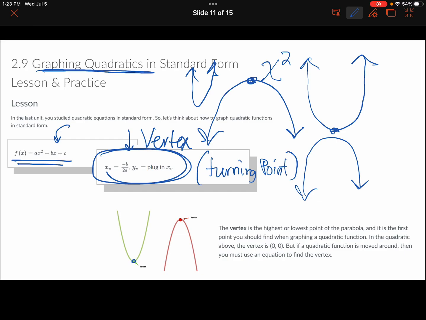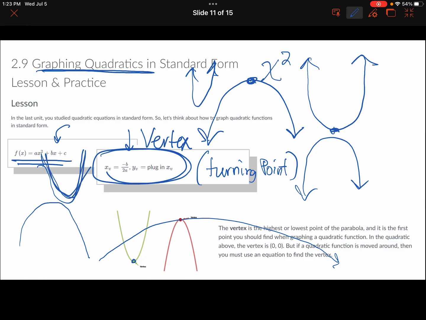And so there's lots of variations, lots of applications. You're going to have some real world problems. I know you're going to hate them, but you talk about shooting a basketball, you know, from here it goes up and it comes down. Or you talk about throwing a football. A football throw is not quite as drastic, but throw a football that way. You can have things that go down and then come back up, right?